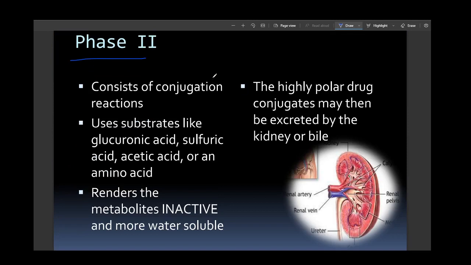Then there is the phase 2, consists of conjugation reactions, and it uses the substrate like glucuronic acid, sulfuric acid, acetic acid or an amino acid. It renders the metabolites inactive and more water soluble. Okay, because there is conjugation.